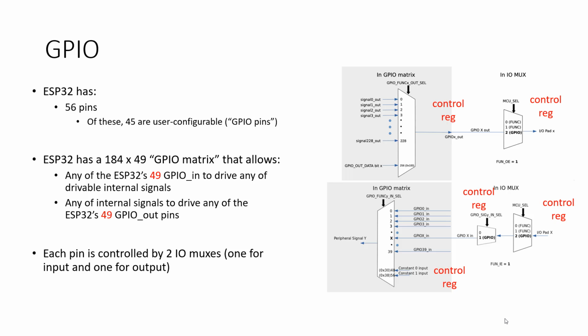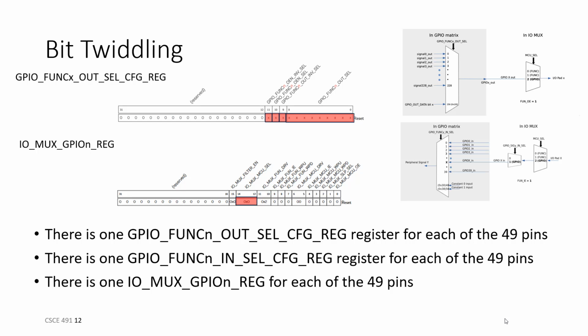Okay? But unfortunately, that means there are 2 registers you have to update. You have to update the GPIO mux and the IO mux. You guys with me? Okay, so how do you do that? It's pretty simple. There's a register called GPIO funcx, where the x is the pin number.